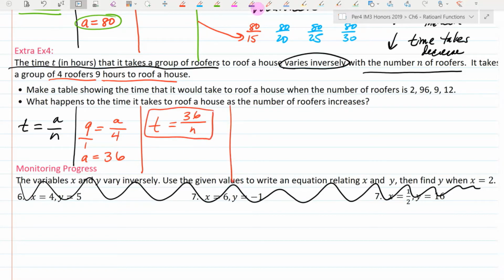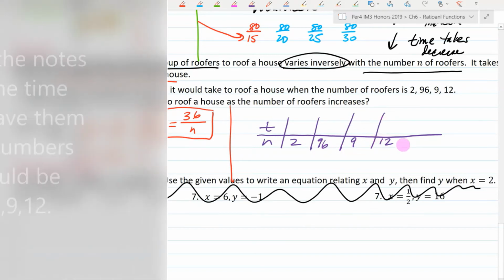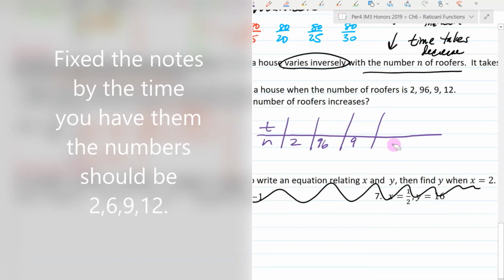And now we'll make a table. So T, N, so the number of roofers are 2, 6, 9, and 12.